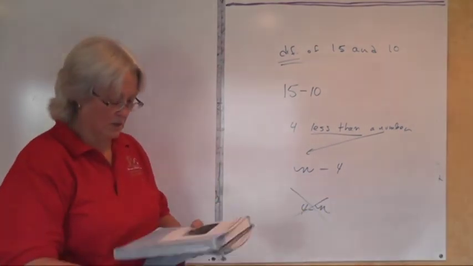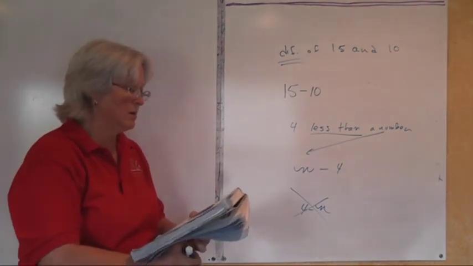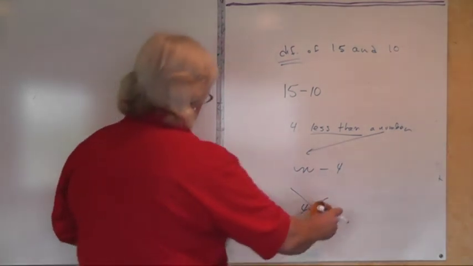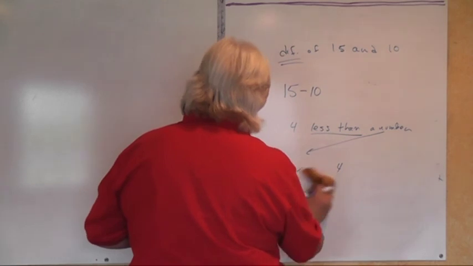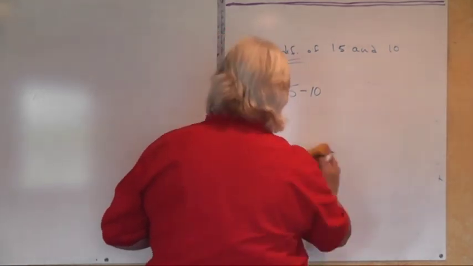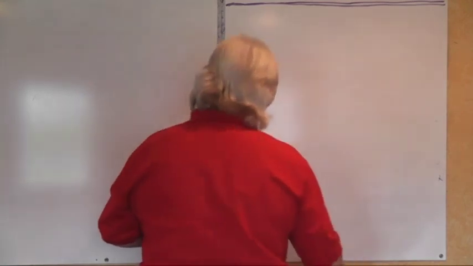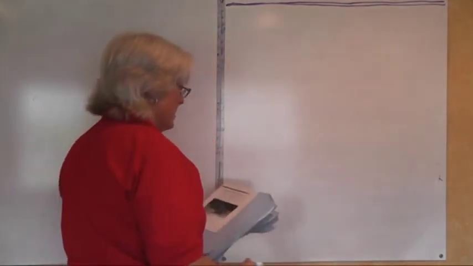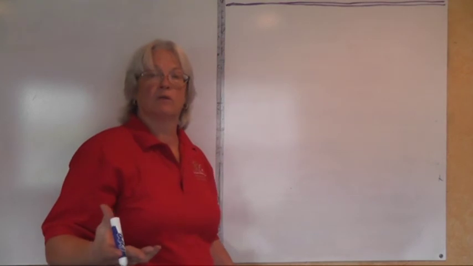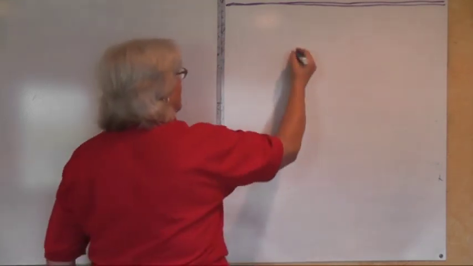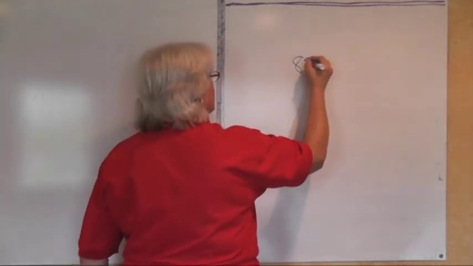Now, let's look on page 21. Raymond earns $85. How much money will he have, number 26, if he spends $13, okay? He started out with $85.